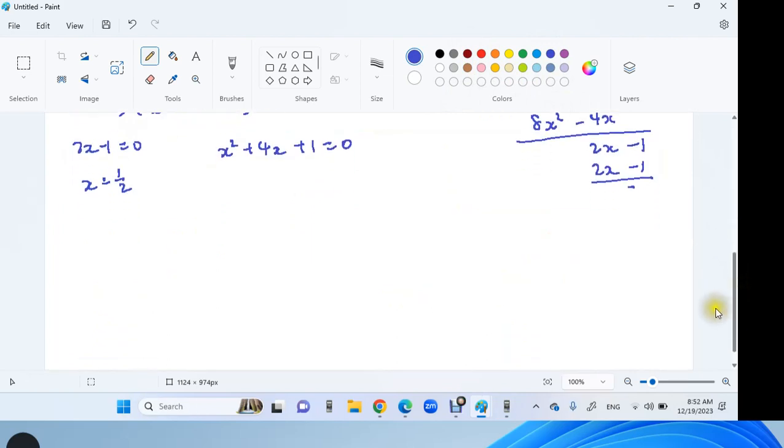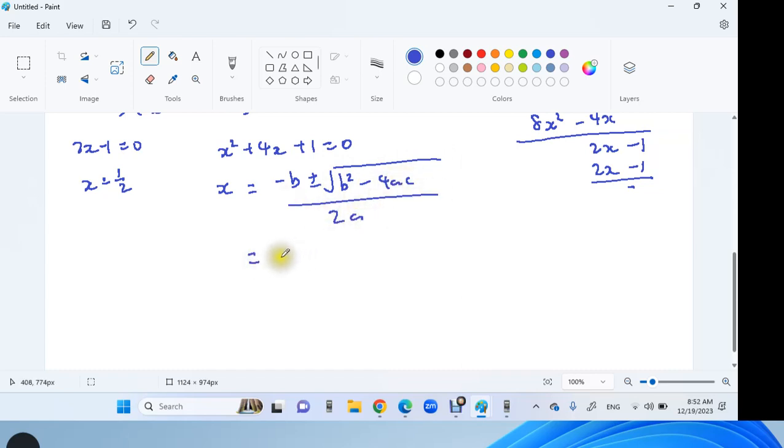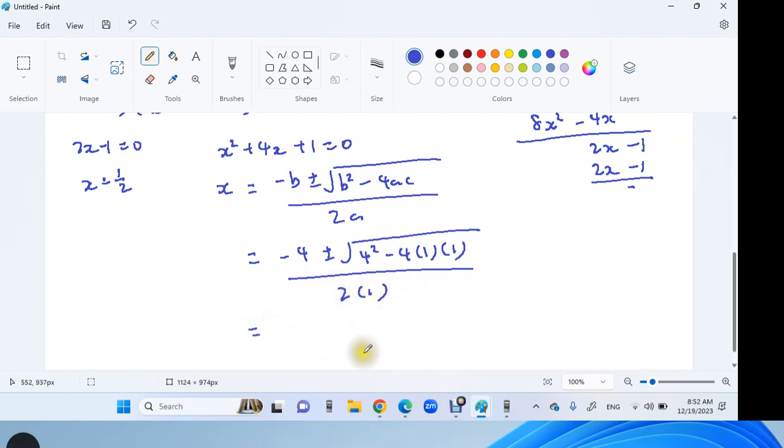So for this one, we have to use the formula negative b plus minus square root of b squared minus 4ac, over 2a. So we have negative 4 plus minus square root of 4 squared minus 4 times 1 times 1, over 2 times 1.